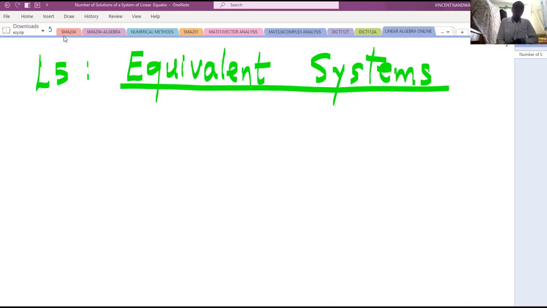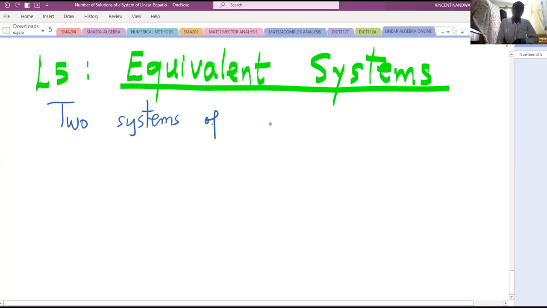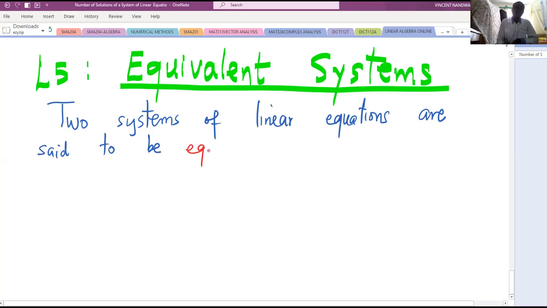Two systems of linear equations are said to be equivalent if they have precisely the same solution set.